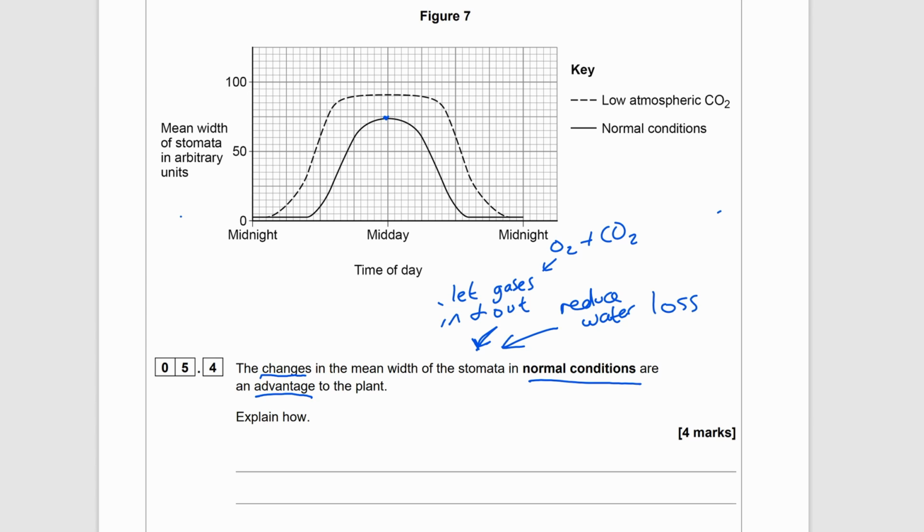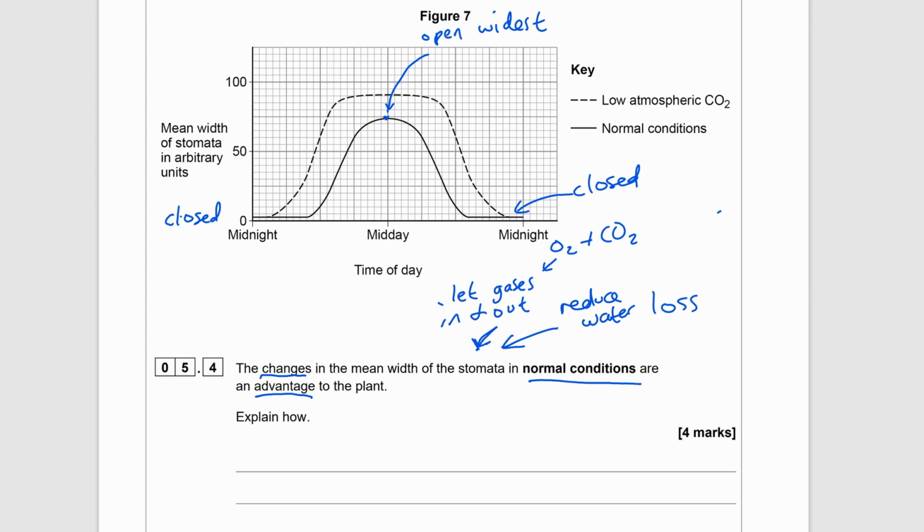So we can say that at 0, the stomata is near 0, so it would be closed. And then at the midday point, we can say it's open at its widest. And then again, at midnight, it is closed.